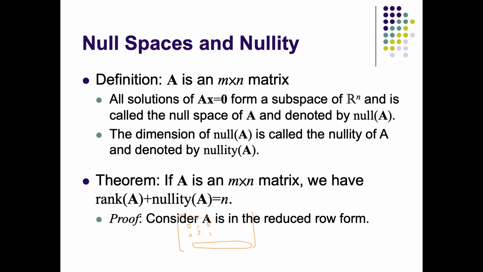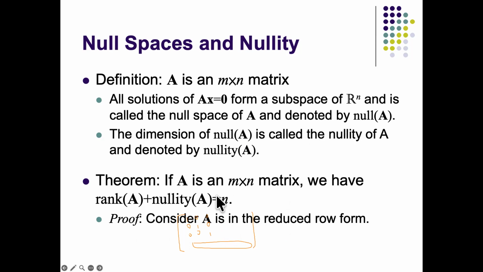So this one is something new. Rank A plus nullity A equal to n. First, what is n? N is the number of columns, right? N is the number of columns. And it also means the number of unknowns in AX equal to 0.